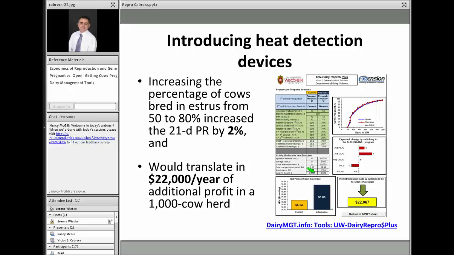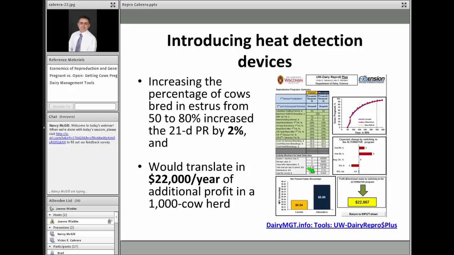Here we are seeing only on the right side the results page of the UW Repro $+. Okay, for example, in this case, it is showing us that increasing the percentage of cows bred in estrus from 50 to 70% should be here, actually, increase the 21-day preg rate by 2%, and importantly, would translate in this case, for example, in $22,000 a year of additional profit in a $1,000 cow herd.